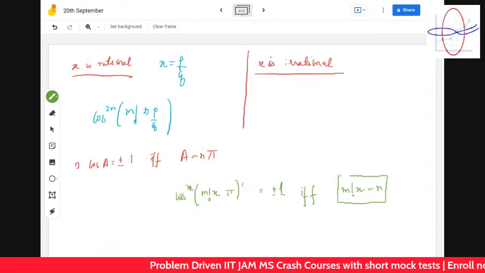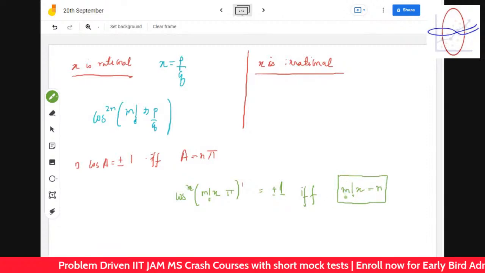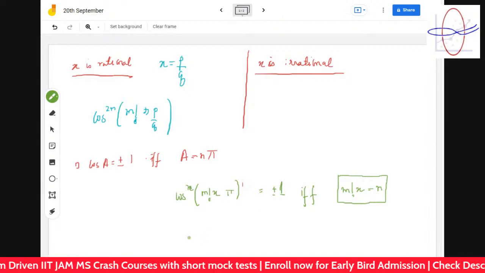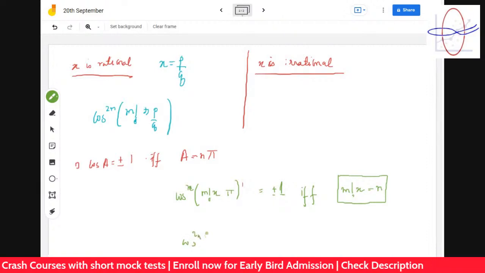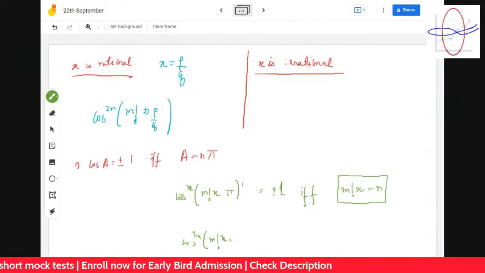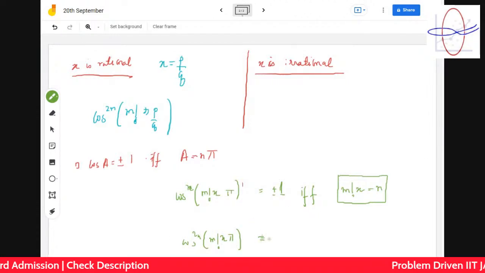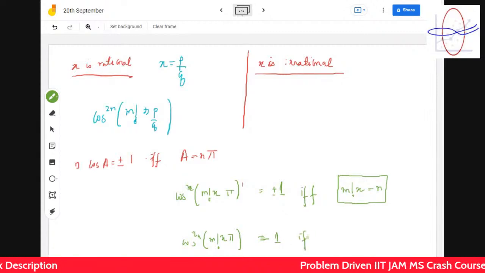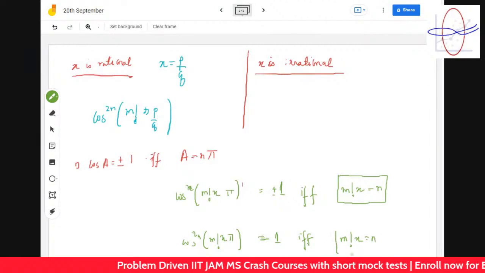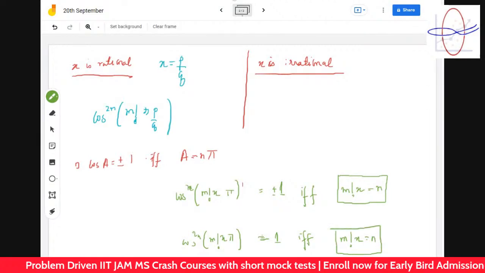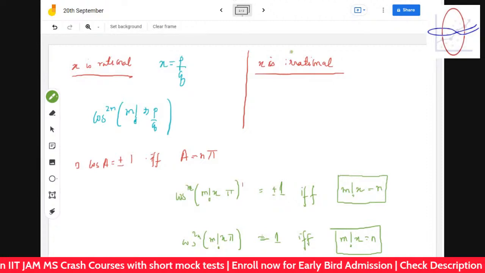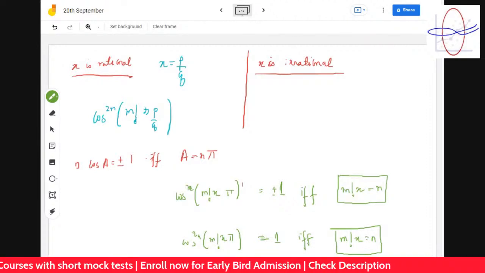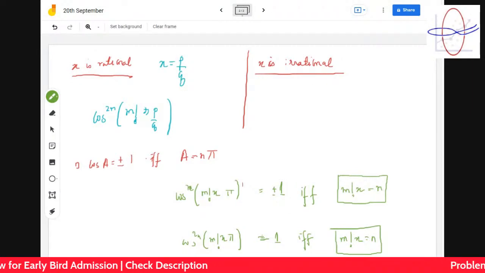That is the only case it will happen, right? And therefore cos to the power 2n of m factorial x pi, if it's plus minus 1, squaring will make it 1. It will be 1 if and only if m factorial x is equal to an integer. So this is a basic idea, that cos to the power 2n of m factorial x pi is equal to 1 if and only if m factorial x is an integer.